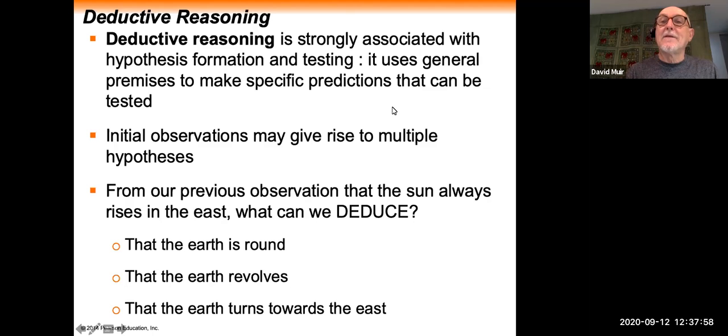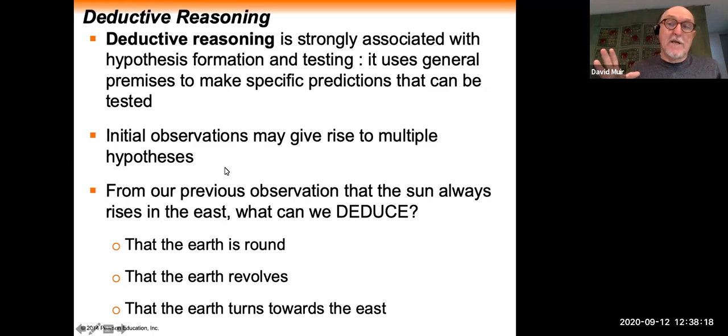And the predictions are of a different kind. It's not a repetition of what has been observed before. It is a prediction about what we might observe if conditions change, using principles of our hypothesis.